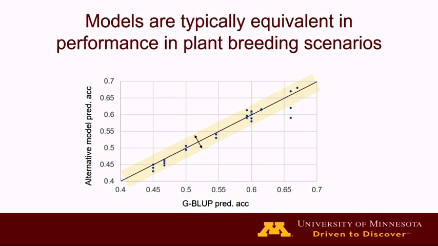What I have highlighted right here, this is what I call the who cares zone. This is not a statistically validated concept, but it's basically plus or minus about 0.02 correlation points or something like that. So it's not even statistically significant, and even if it were, who really cares? So they pretty much all line up right there. So that's good news, depending if you're a model researcher or a plant breeder like myself.